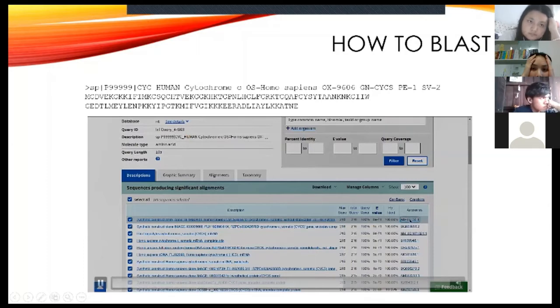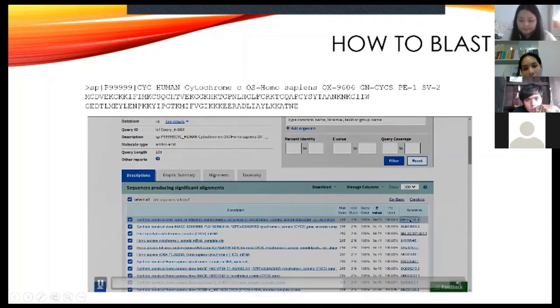It's just an easy one, but when you search in real time, it takes a bit long. Basically, it will have scores. Like here, you can see 1e to the power of minus 70, 100% match, something like this.